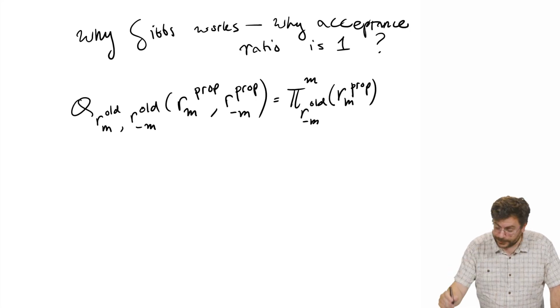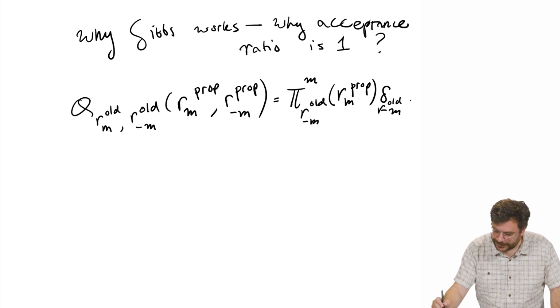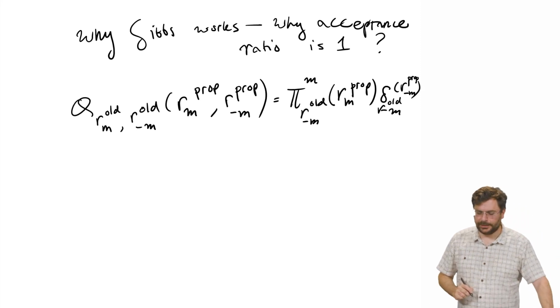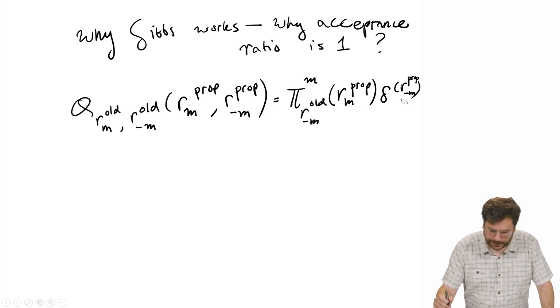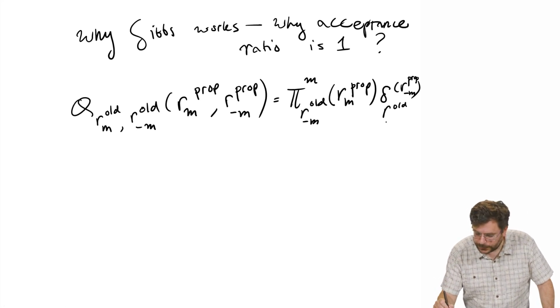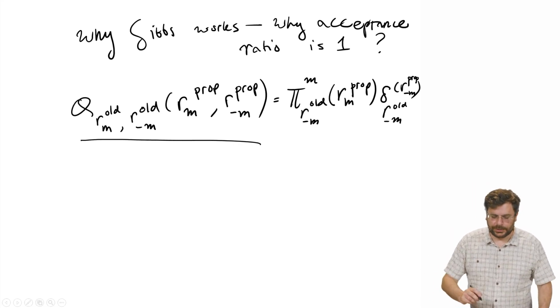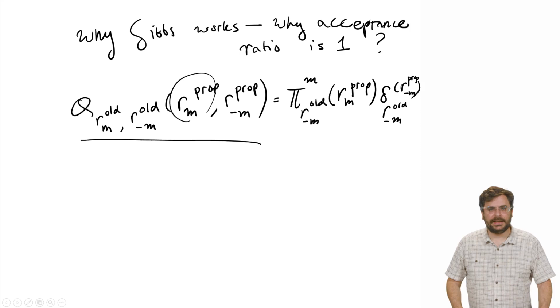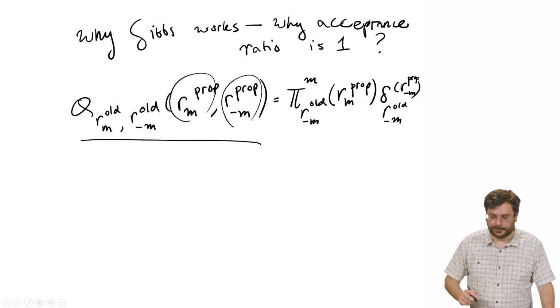Now there are a lot of subscripts and superscripts here, so I'm looking down a little bit to make sure I don't mess anything up. R minus m proposed. Sorry, I ran out of space here a little bit. Let me write this a little more neatly. So we have R old minus m. Okay, so this is the proposal distribution for the mth variable and everything which is not the mth variable.